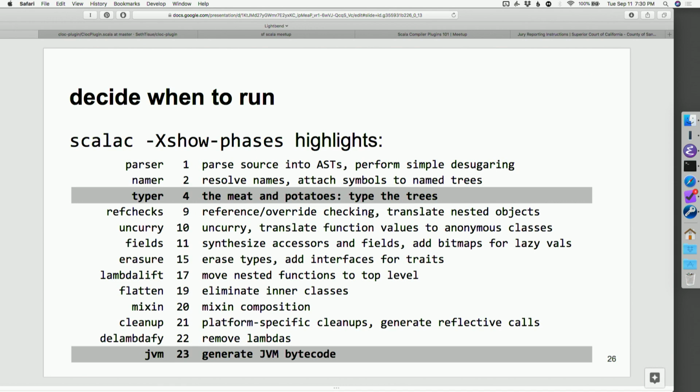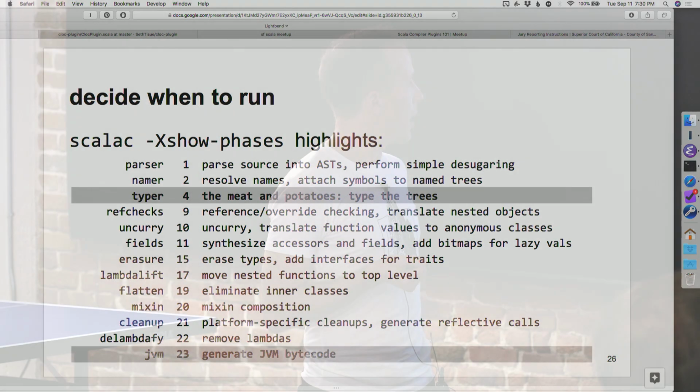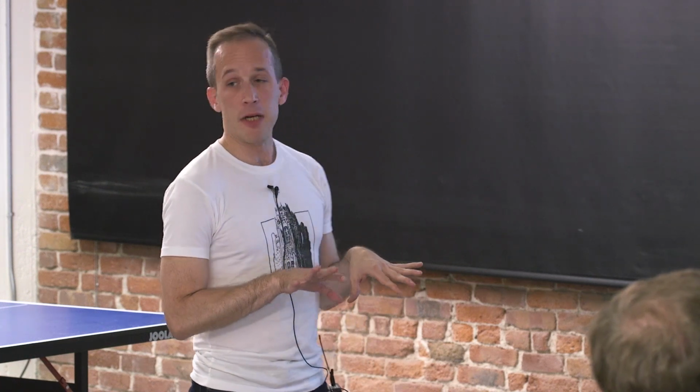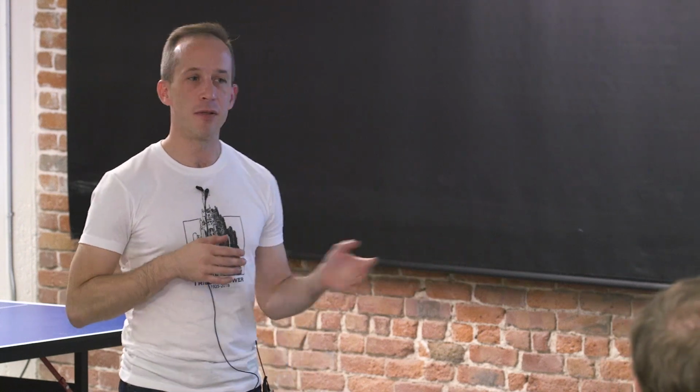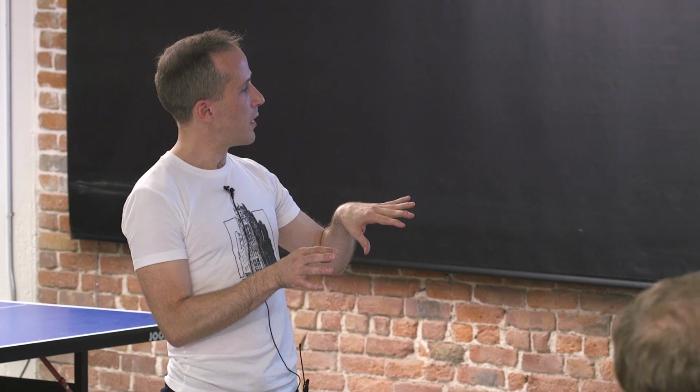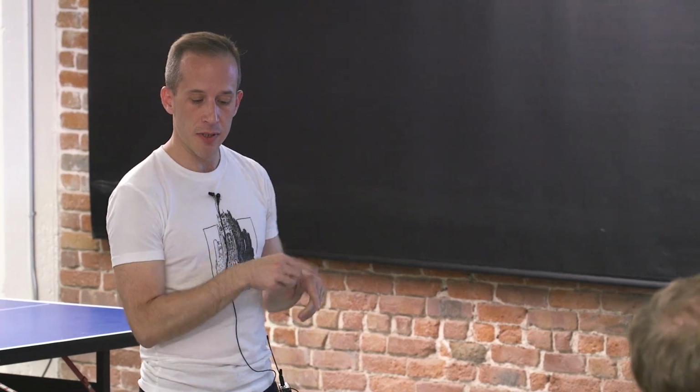For example, in the Fortify plugin, I was compiling to a language that doesn't have lambdas. I wanted to wait until delambdafy had gotten rid of that to make it easier for me. But in Scala.js, they're compiling to JavaScript. JavaScript has lambdas, and so you want to keep those in the code that's the input to the plugin.